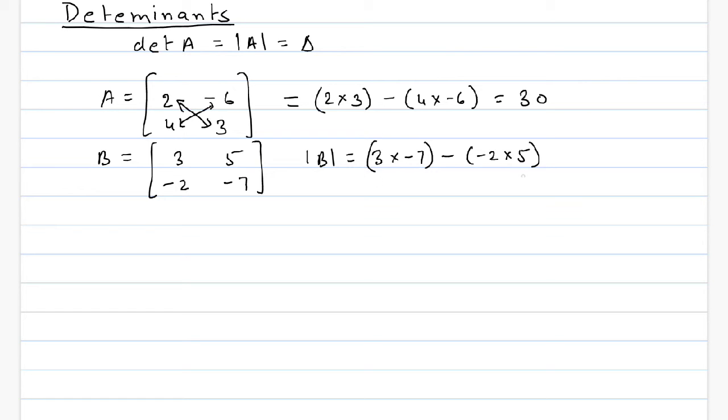So this becomes -21, minus of -10, which is plus 10. So we'll have -11. So as you can see, we will have a scalar value. There is no direction, there is no array. So there is only one single value. That becomes our determinant of that particular matrix.